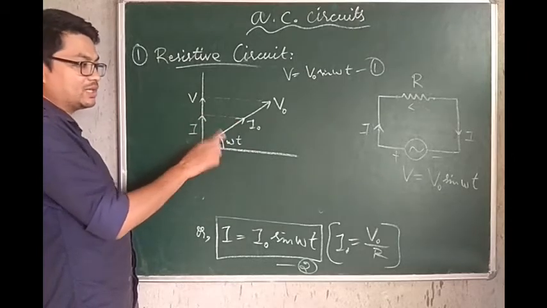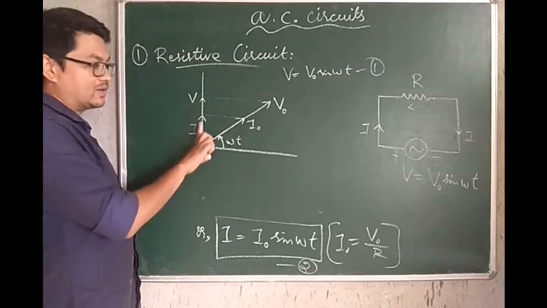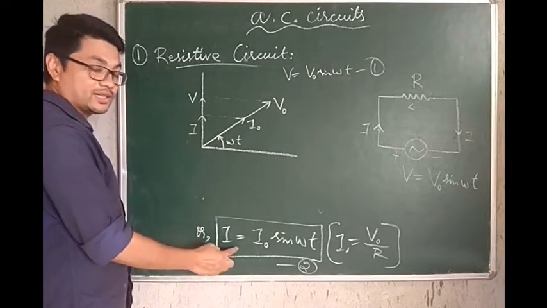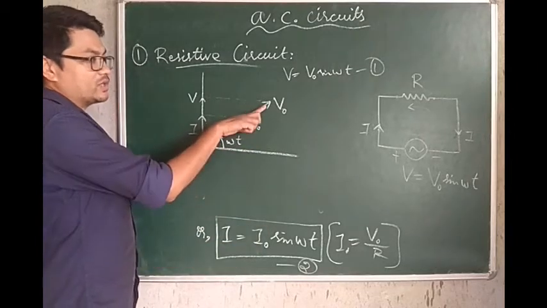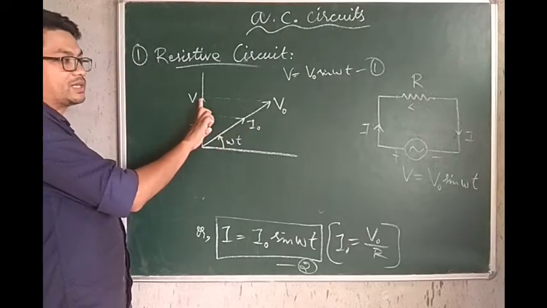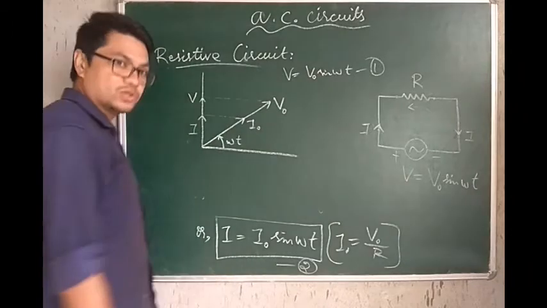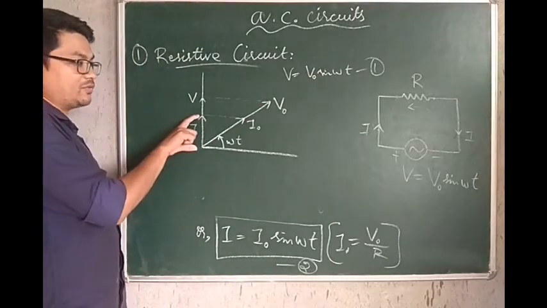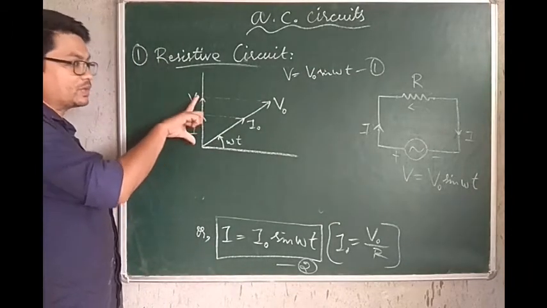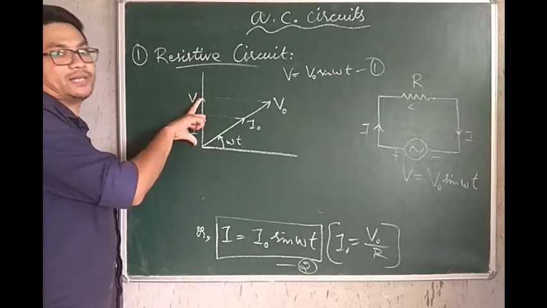You get I naught sine omega t. And I naught sine omega t is the instantaneous value of current. Likewise, when you resolve V naught in the vertical direction, you get V naught sine omega t, which is the instantaneous value of the voltage. So instead of I, you could have written I naught sine omega t. Instead of V, you could have written V naught sine omega t.